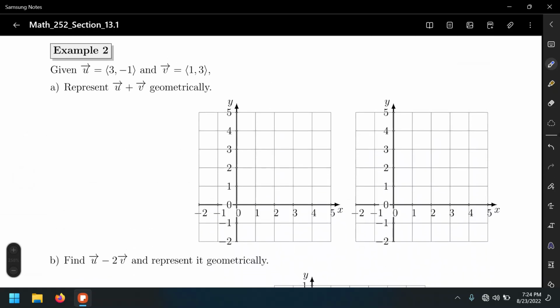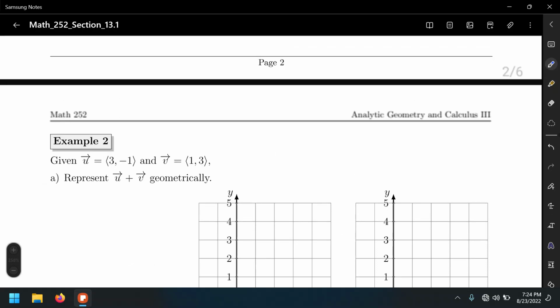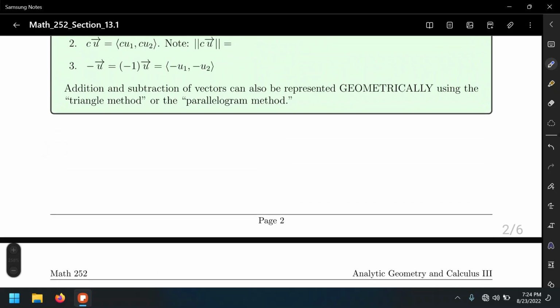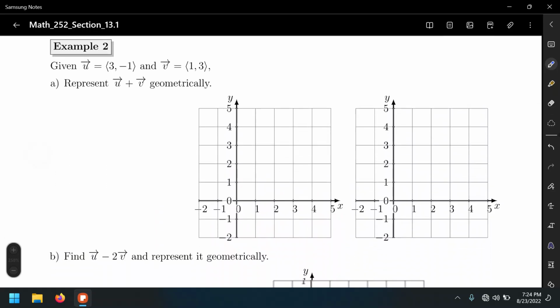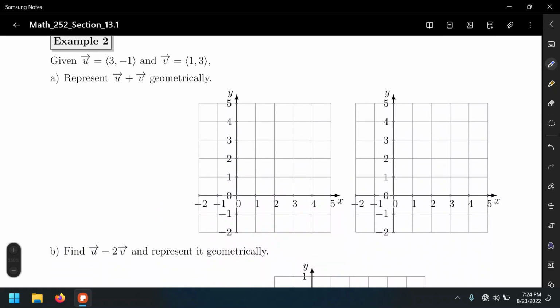So we're given a couple of vectors. Let's represent them geometrically. By the way, when it comes to adding and subtracting vectors geometrically, there are two ways: the triangle method and the parallelogram method. We're going to do both. Those of you who have taken physics might be familiar with this, so it should ring a bell.